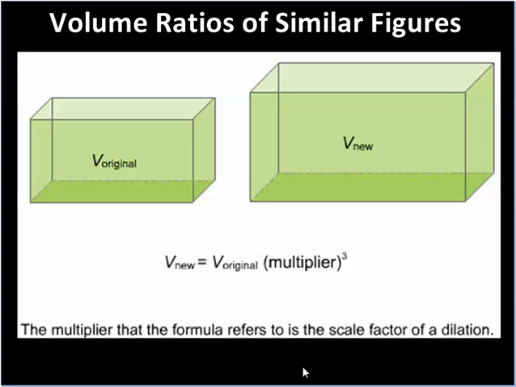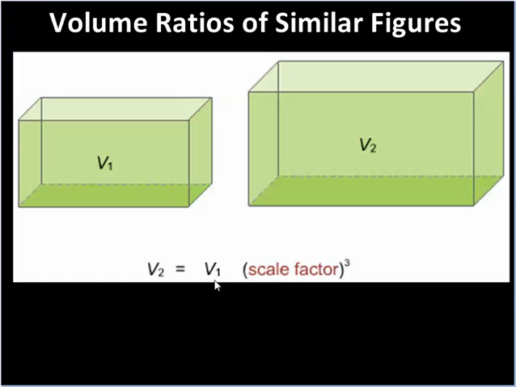So you can replace the term multiplier with scale factor in the formula, just like we did with the area in the last lesson. I'm going to replace the new with V2, the original with V1, and I replaced the word multiplier with scale factor. This is what it's going to look like after we do that.